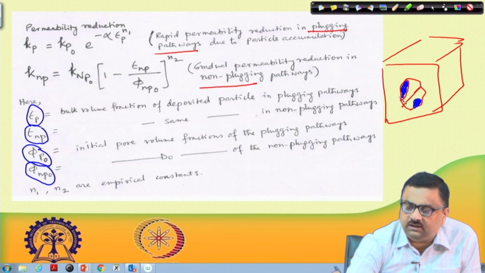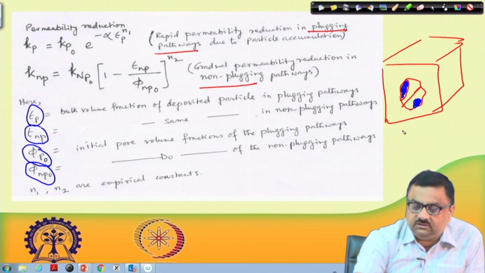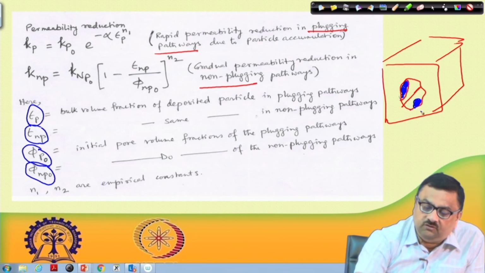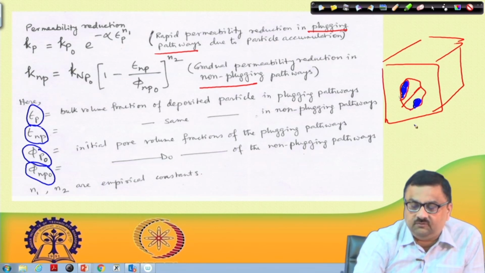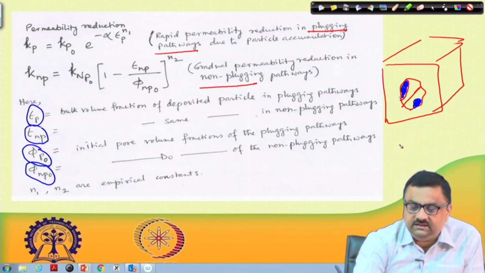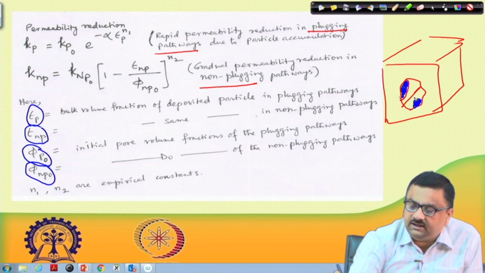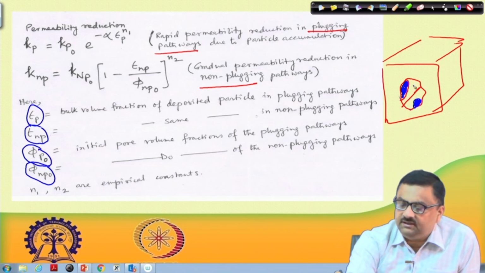So, this part divided by the total is the plugging pathways, and the lower part divided by the total void is the initial pore volume fraction of the non-plugging pathways. I think I just correct my last statement.